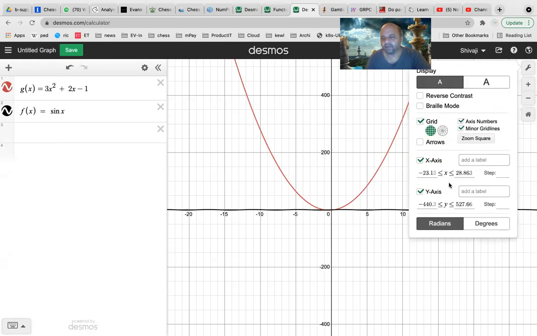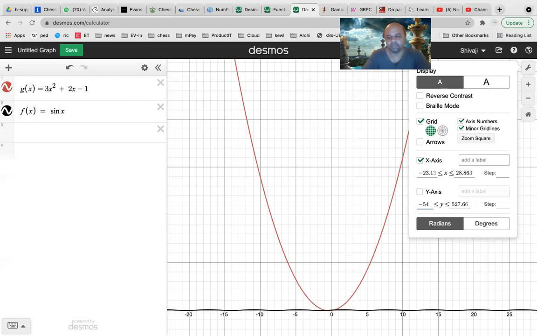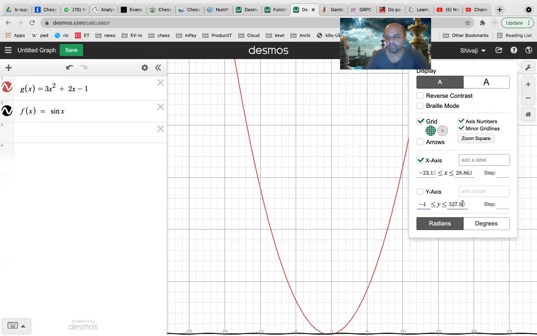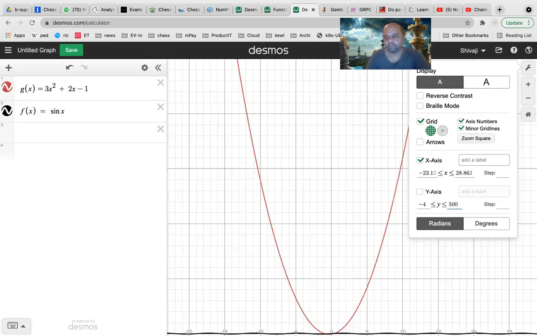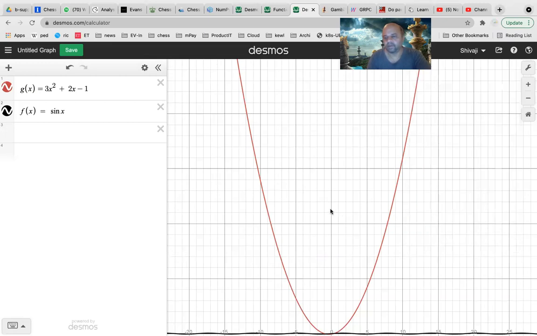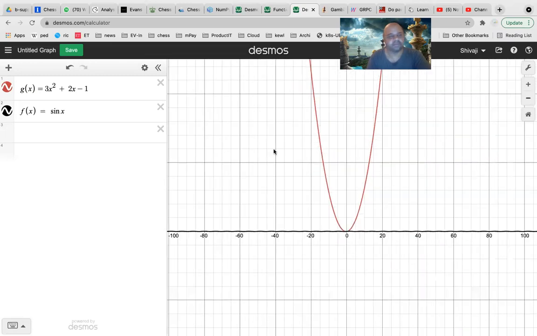I have to take the y-axis and make it normal. Okay, so this is the value, and let me get this.